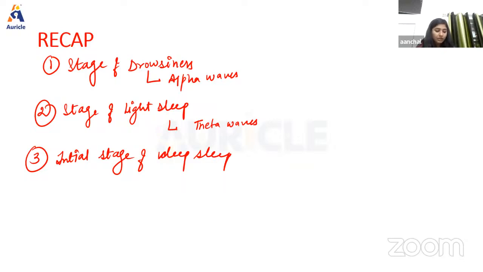What happens during this stage? Spindle bursts and K complexes appear. There will be appearance of delta waves with high amplitude.